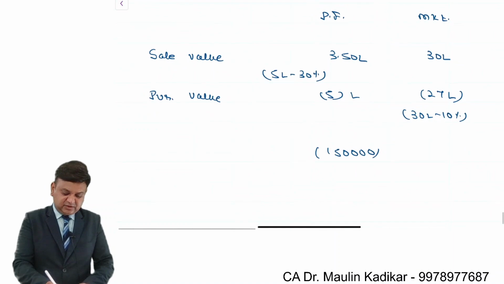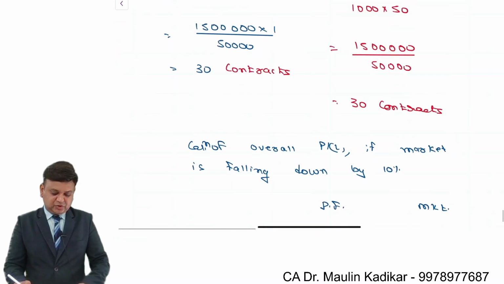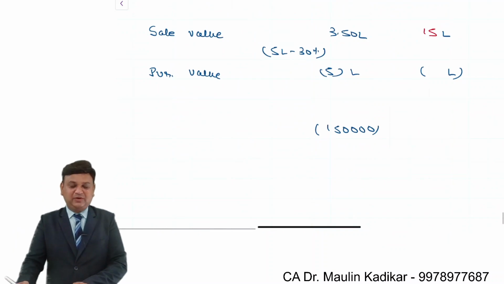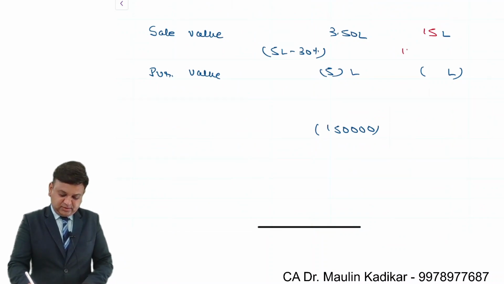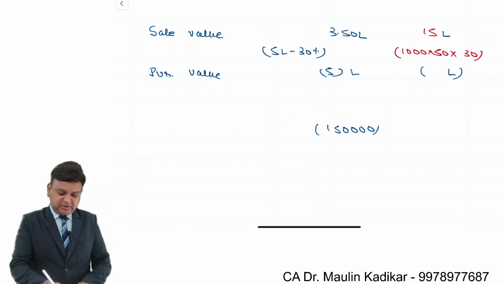Oh sorry, for the futures, sale value is 15 lakhs. The amount of the short position is 15 lakhs. Number of contracts are 30, so 1000 into 50 into 30. Purchase value is 15 lakhs minus 10%, that is 13,50,000.